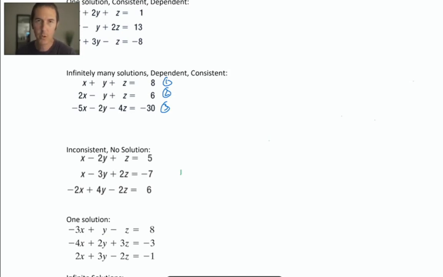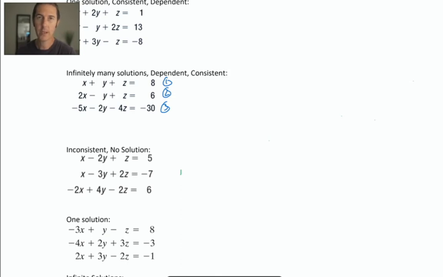When we were working with systems of 2 equations in 2 variables, remember that if we came to a point in the solution process where we had x plus 13 equals x plus 13, or just maybe -2 equals -2, or 0 equals 0, when is that true? All the time, right? 5 equals 5 all day.